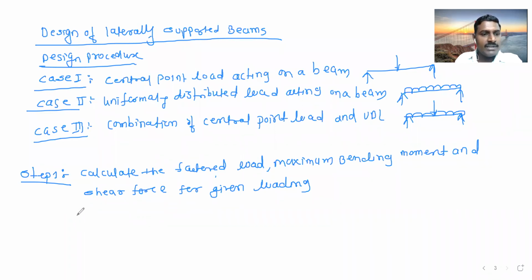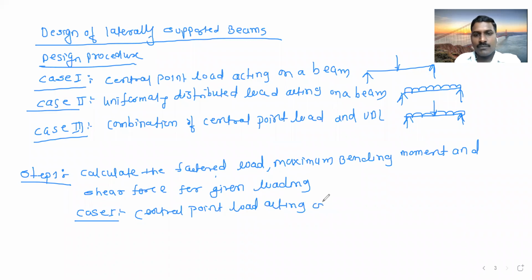Now in this case 1, what is case 1? Case 1 is a central point load acting on a beam. If a central point load is acting on a beam, how can we calculate the factored load, maximum bending moment and shear force? See, how can we calculate the factored load?